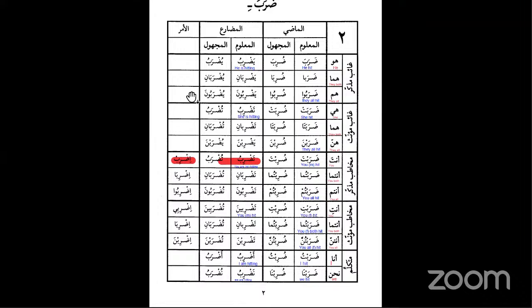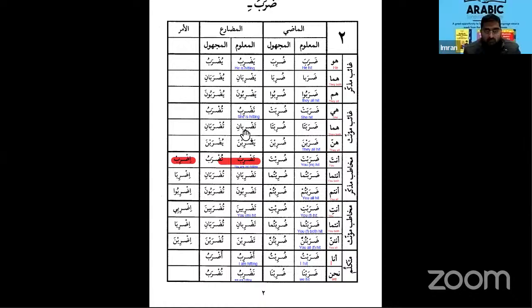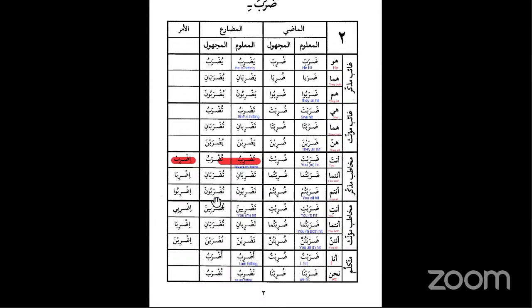Huwa daraba, he hit. Huma daraba, they both hit. Hum darabu, they all hit. Hiya darabat, she hit. Huma darabata, they both hit. Hunna darabna, they all hit. Anta darabta, you hit.